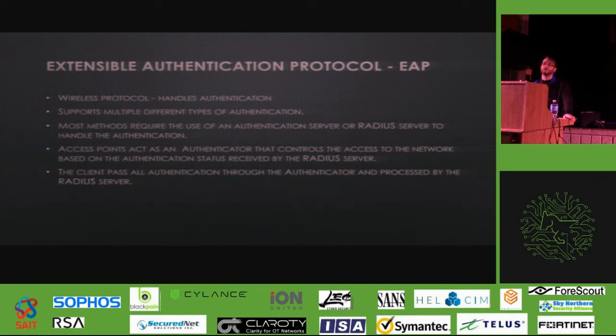So the access point itself doesn't do the authentication. What happens instead is that they pass the information on to this RADIUS server, and the RADIUS server does the authentication check to ensure that the credentials are valid and that they are allowed to log in. Once this is done, based on the success or fail, the RADIUS server sends a message back to the access point, and the access point acts as an authenticator or a gatekeeper, allowing or denying access for that client.